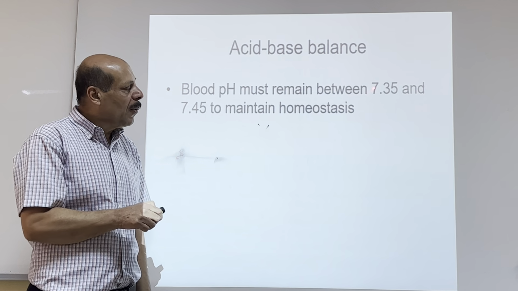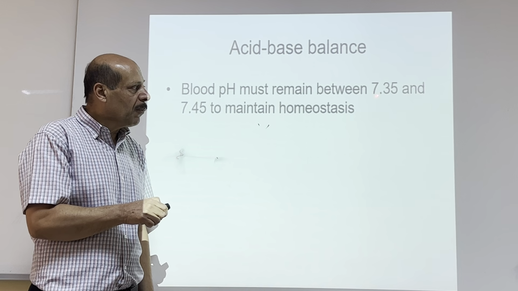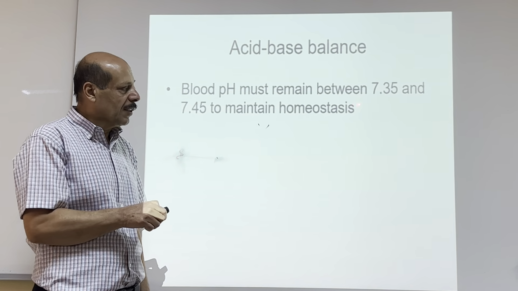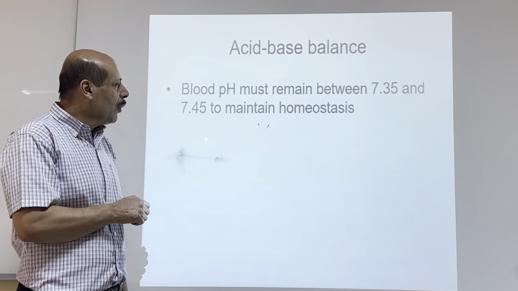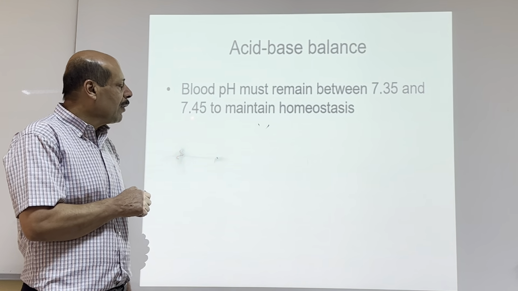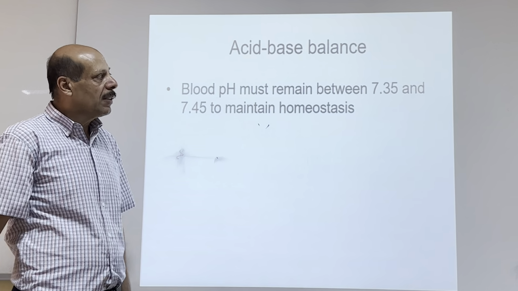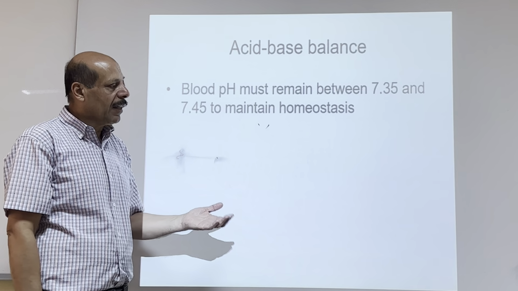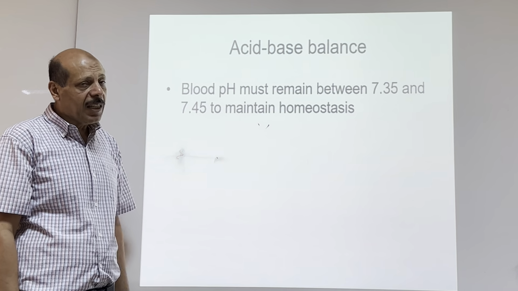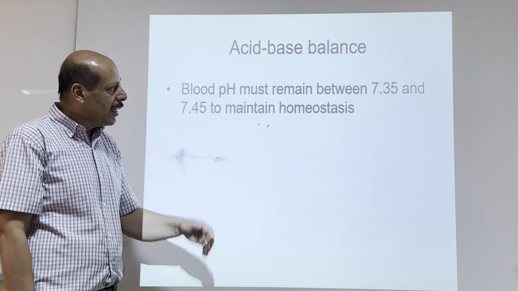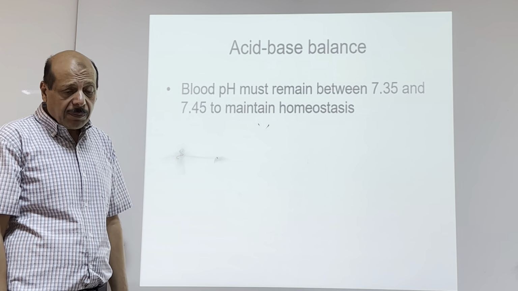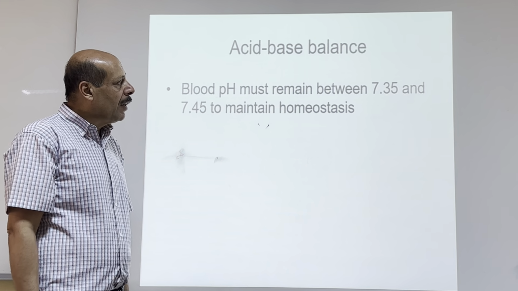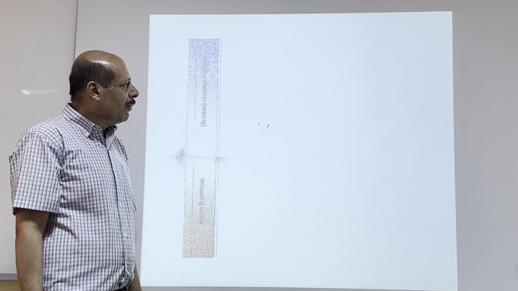If it goes below 7.35, it is considered acidosis, and if it goes above 7.45, it becomes alkalosis. One of the functions of the kidney is to maintain the acid-base balance by increasing the filtration and excretion of hydrogen ions from the body.